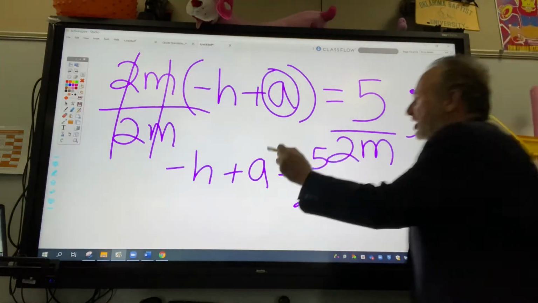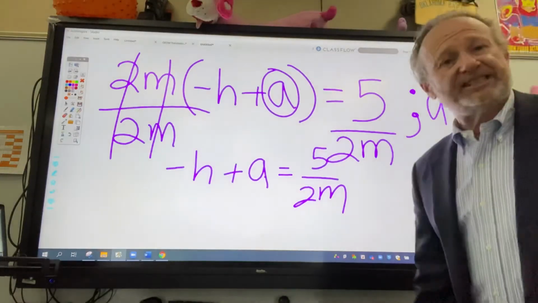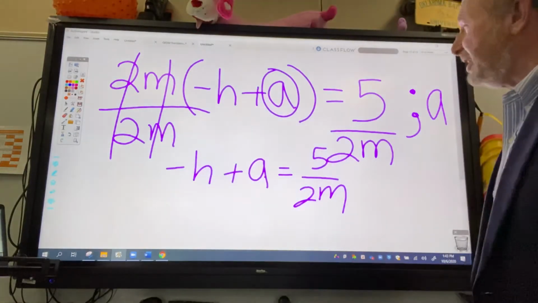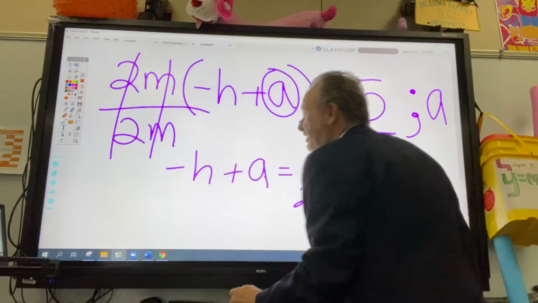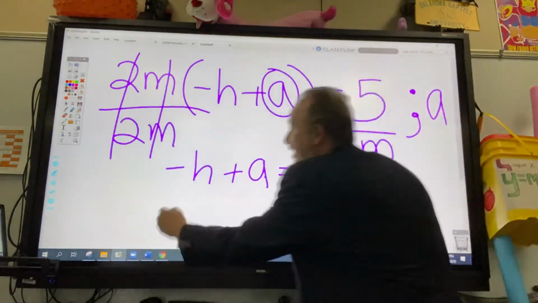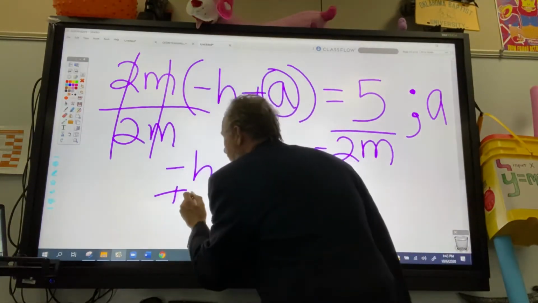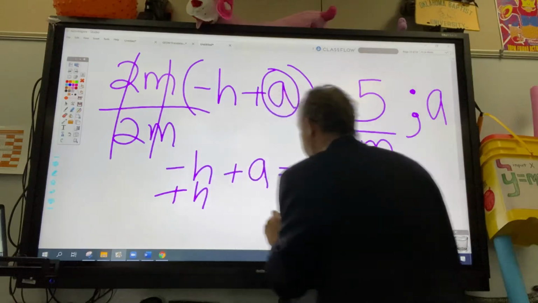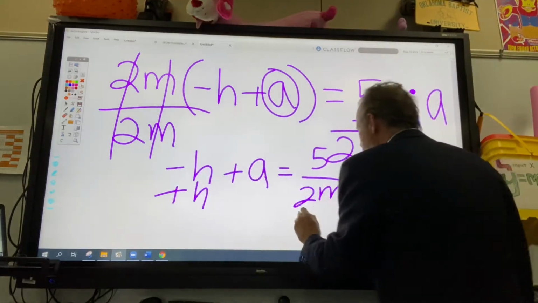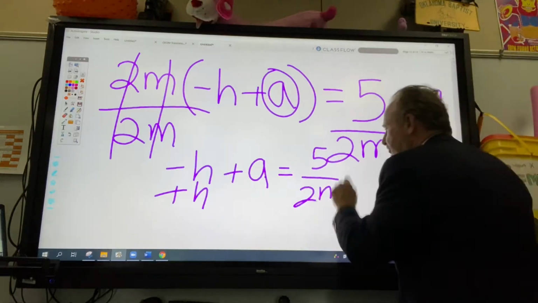Now, remember, we're solving for a. What do we got to get rid of next? Because a is the last cat standing on that side of the equal sign. Well, I got to get rid of the negative h. So how do I get rid of it? I'm going to zero it out. I'm going to use the addition property of equality. Those two are like a little friend group, and he ain't going to join the friend group.